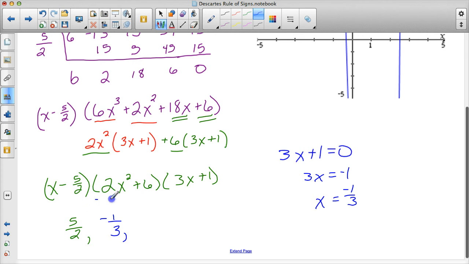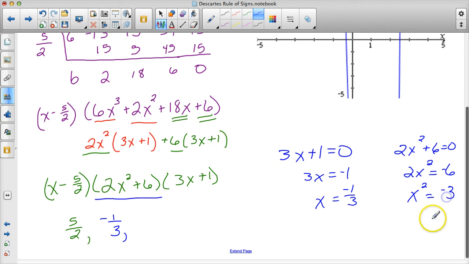But what do I do about 2x squared plus 6? If you said set it equal to 0, you're right. So let's try it. 2x squared plus 6 equals 0. That means that 2x squared equals negative 6. So x squared equals negative 3. Well, how do I solve that? Remember, I have to take the square root of both sides.